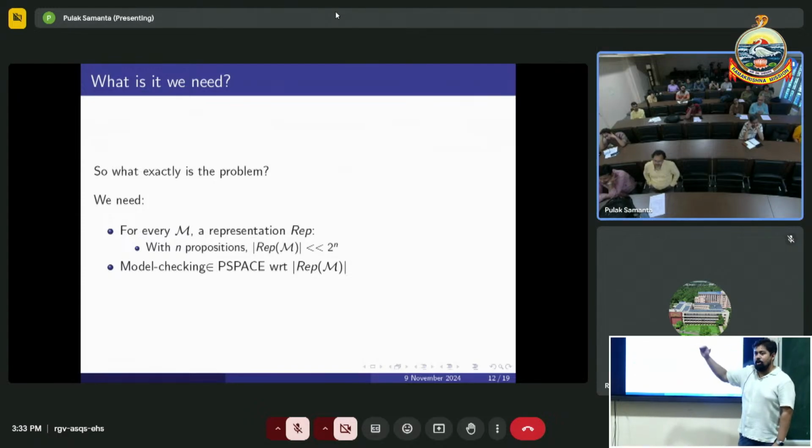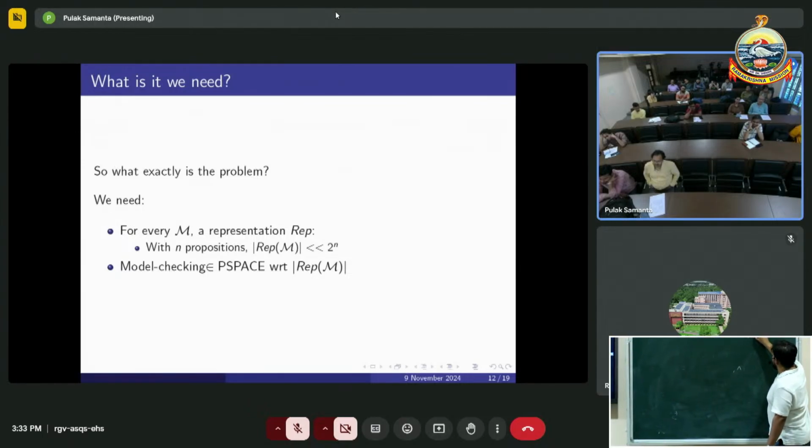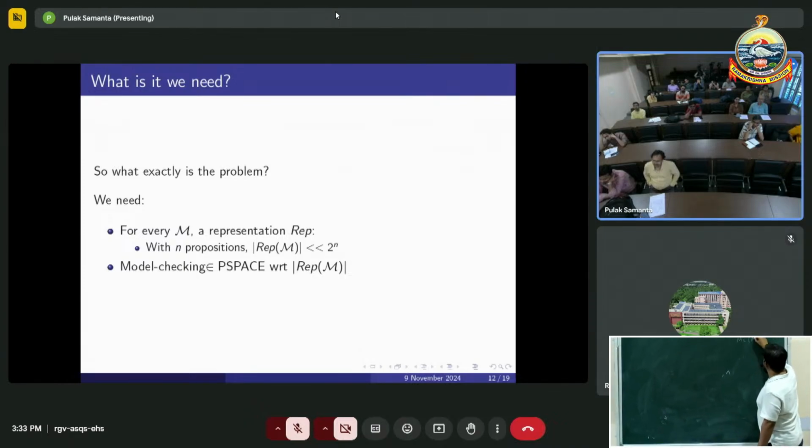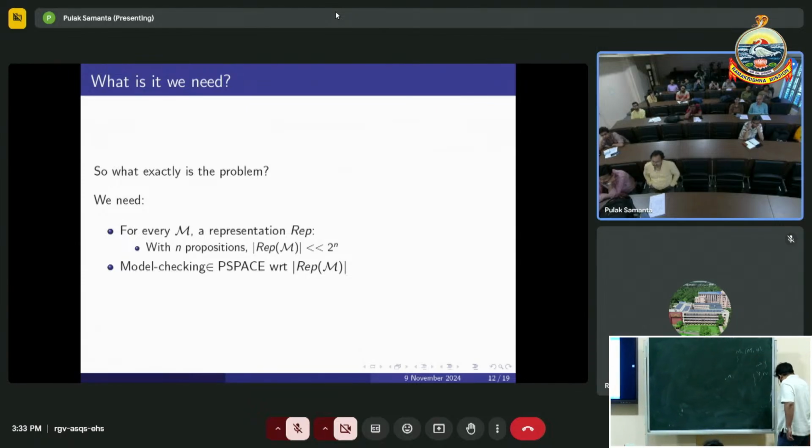that small representation. It won't be like you are given the previous algorithm, say MC, which took the actual Kripke model and phi, and told you yes or no. This was the actual PSPACE algorithm previously.